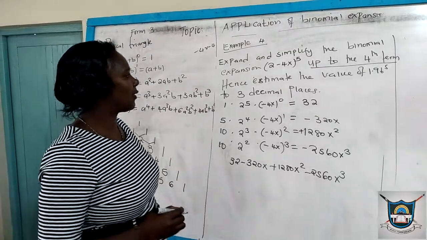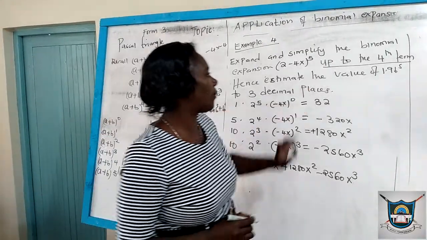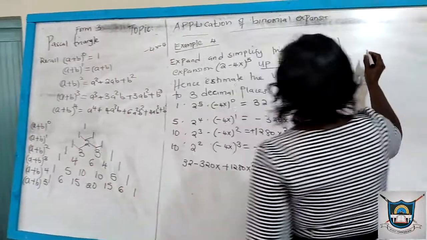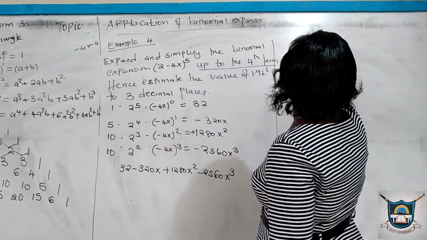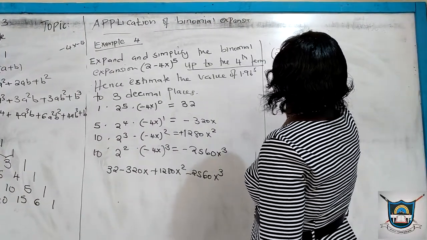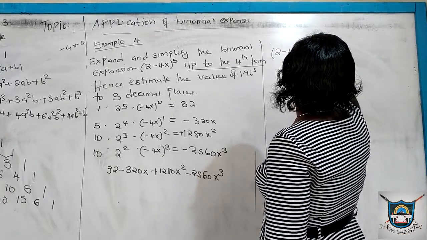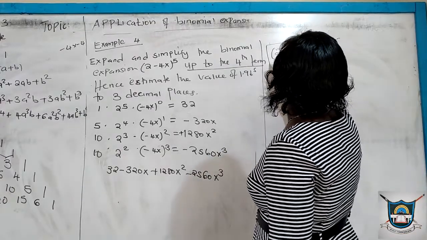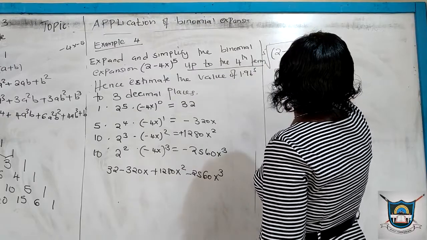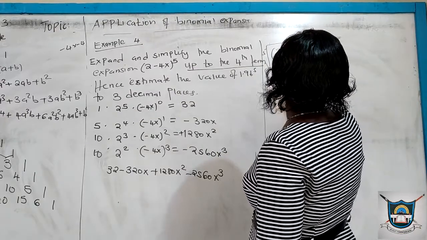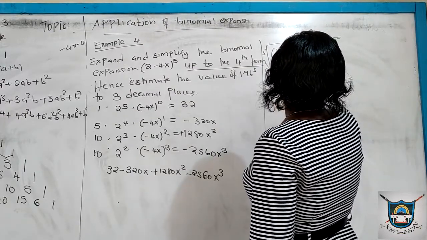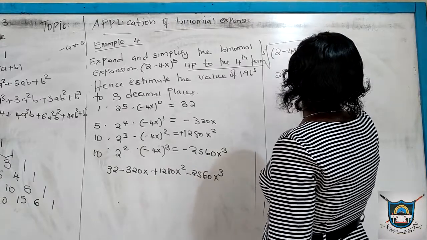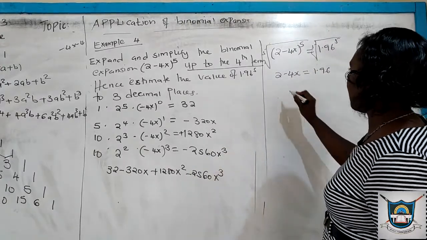We use that to estimate the value of 1.96. So 2 minus 4x to the power 5 is equal to 1.96 to the power 5. We get the fifth root to remove that power 5. So 2 minus 4x is equal to 1.96. We use elimination. We eliminate 2 on this side.